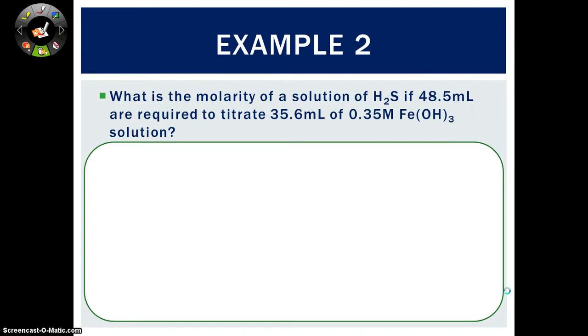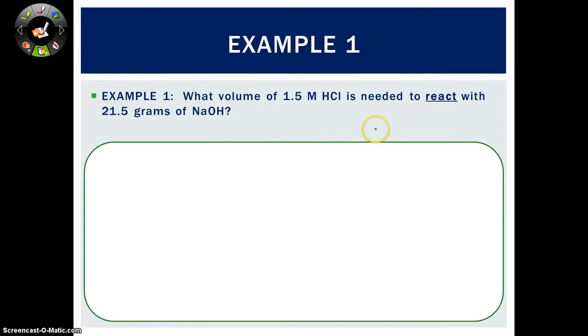What volume of 1.5 molar hydrochloric acid is needed to react with 21.5 grams of NaOH? Remember, stoichiometry problems all have to do with a reaction. So step number 1 is to write a balanced equation. We need that to do a reaction. So now I have hydrochloric acid, that should have said HCl, plus NaOH, and this is an acid-base reaction.